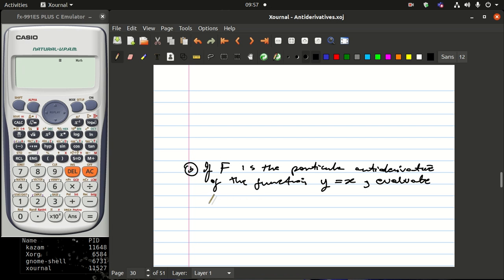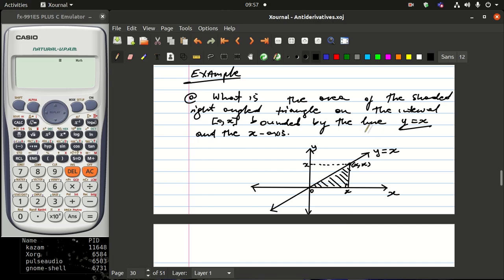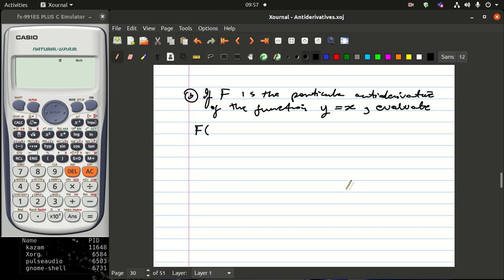So we wanted to evaluate f of, I want to go to these intervals. The interval that was given was 0 and x. So this one here is the one that we always start with, and this one is the one that we always subtract. So this one, I'm going to start with x. So here I will have f of x minus f of 0, which was actually given. I want to find out what this is, evaluate this.